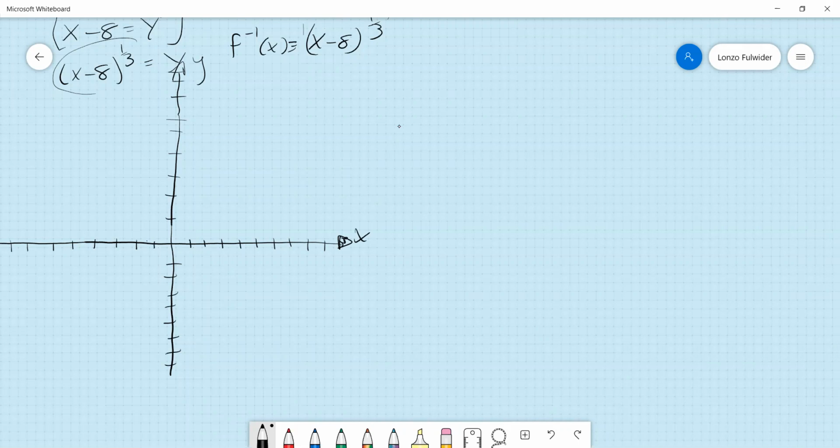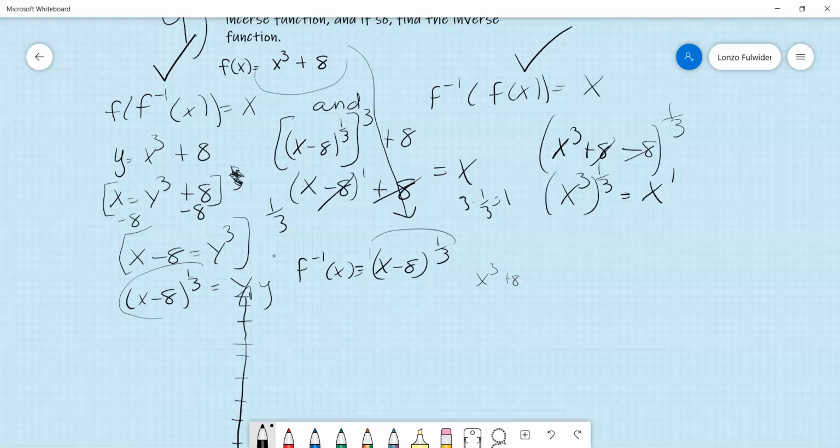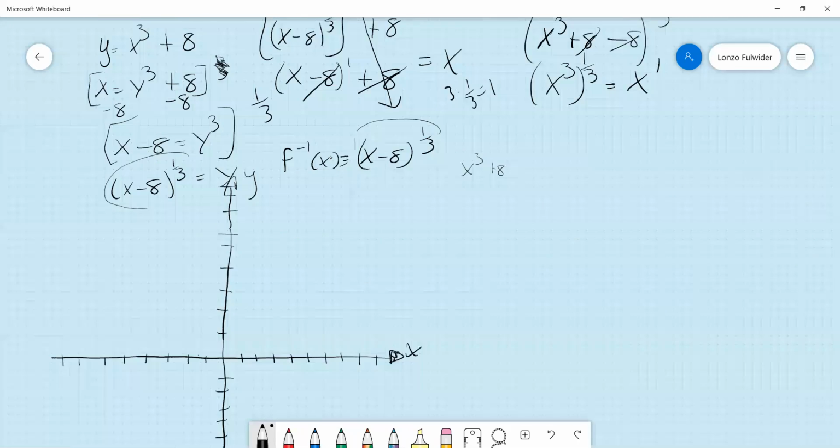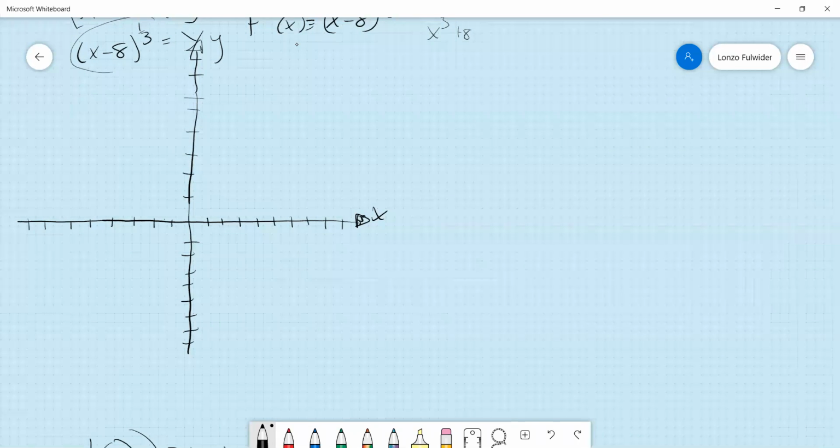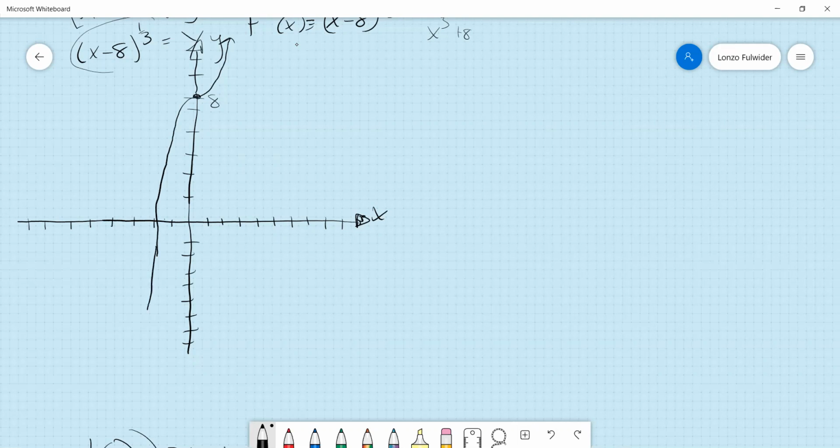So let's graph x cubed plus 8, because I think that was our original graph, right? So let's pretend 8 is right here. So it would look something like this. So this is y equals x cubed plus 8.